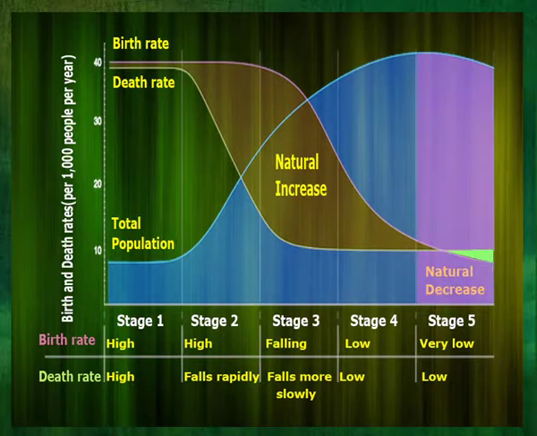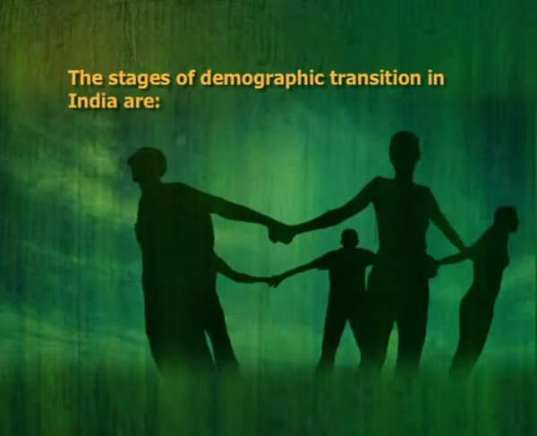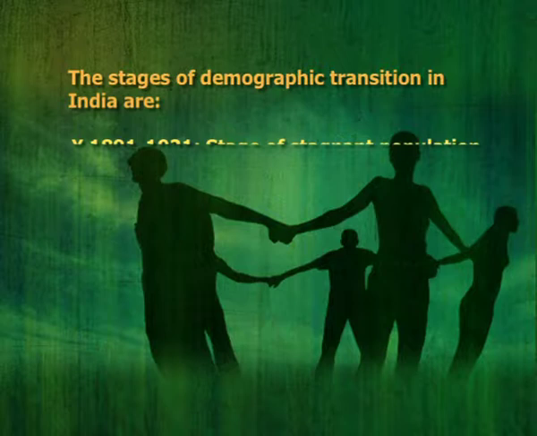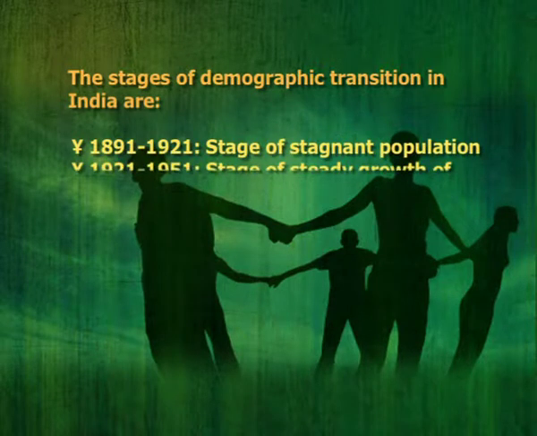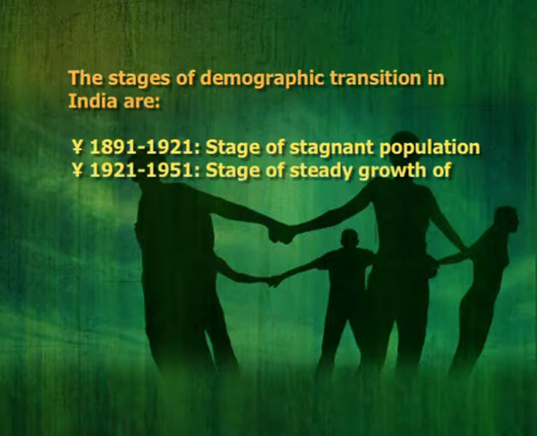Experts identify the fifth stage as one where the death rates are low but the birth rates are even lower. The stages of demographic transition in India are from 1891 to 1921 as the stage of stagnant population.